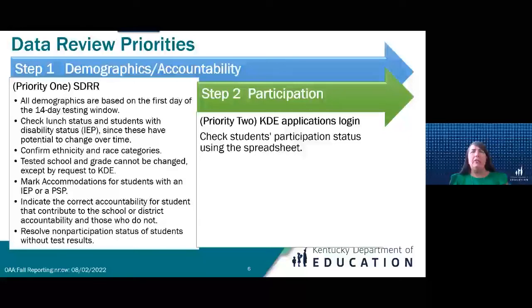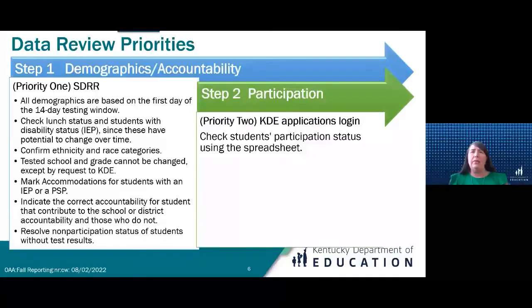Also, any non-participations that you filed in the spring during the spring roster phase of April through June, and any demographic changes, you were to make those for rosters in Infinite Campus, and then those were reflected in SDRR.